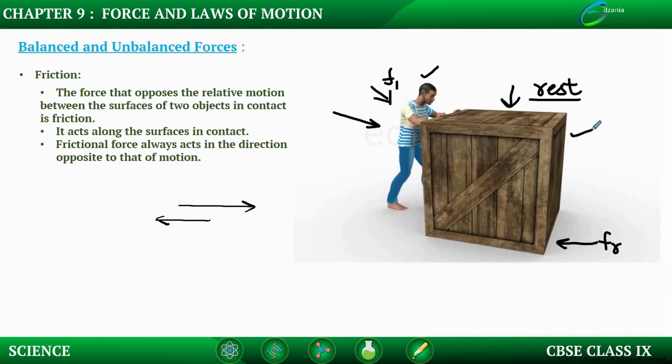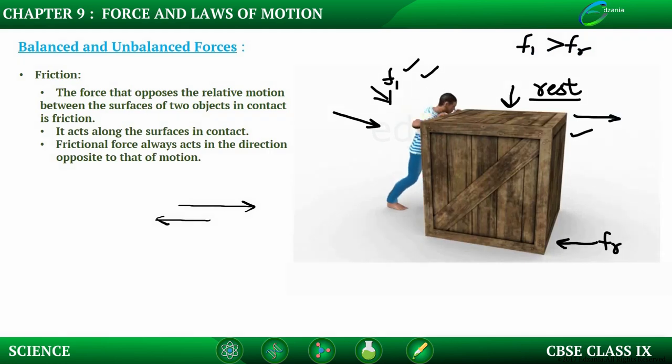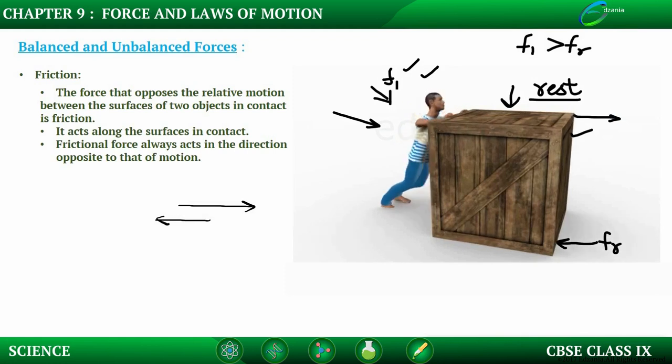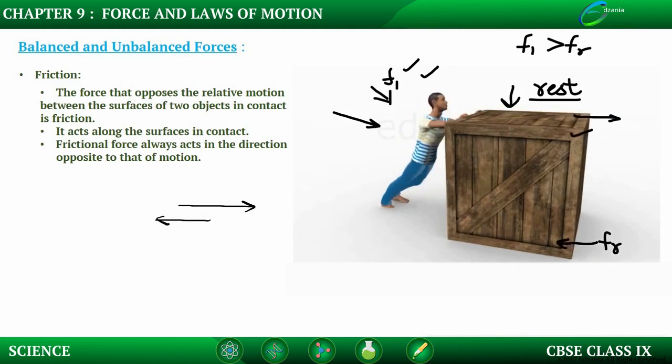But as soon as the F1, that is the force applied by this person, becomes greater than the force of friction, this box will start moving. Let us see. See, this person is trying to move the box, but he fails again and again. But as soon as the force applied by him becomes greater than the frictional force, he is able to move the box.